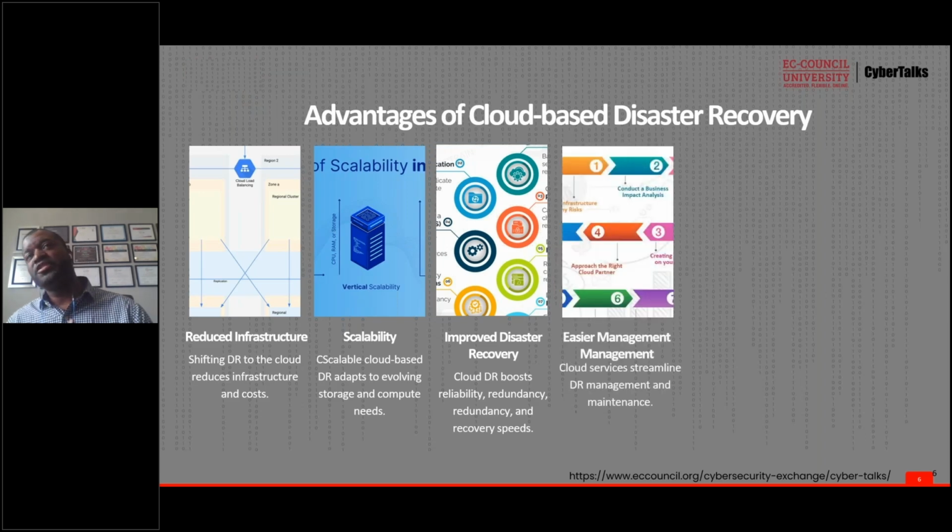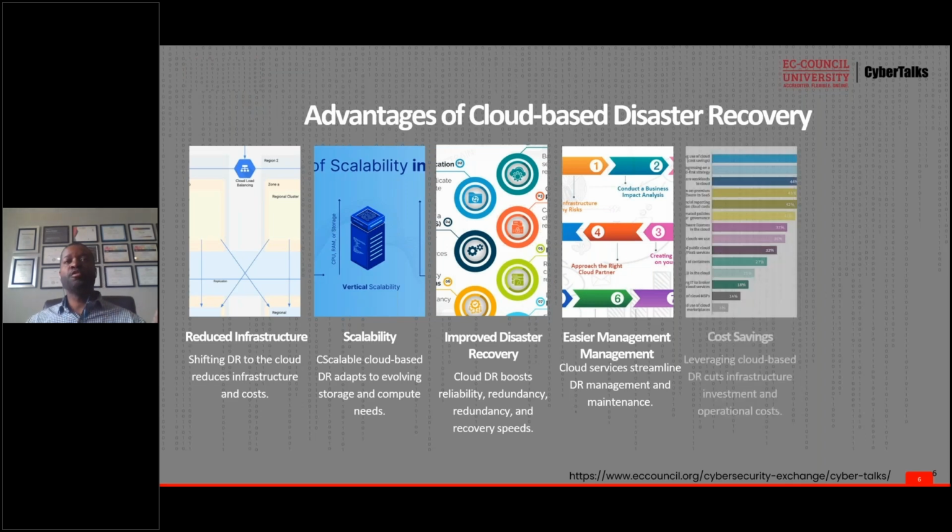From there, it naturally leads into easier management. Cloud services simplify day-to-day operations with centralized controls, automated testing, and real-time visibility, freeing up your team to focus on bigger priorities. And of course, we can't ignore the cost savings, right? By paying only for what you use, cloud DR dramatically reduces both capital and long-term maintenance overhead.